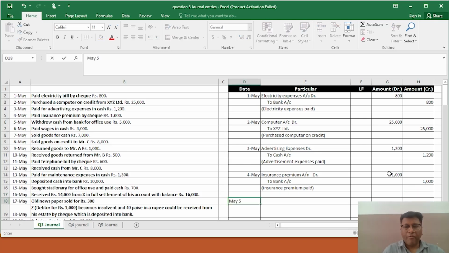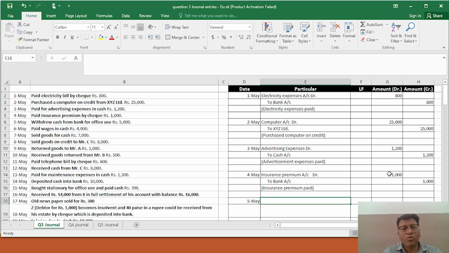5th May. On 5th May, there is a transaction: withdrew cash from bank for office use. Yes, you have to focus on whether the amount withdrawn from the bank is used for personal use or office use. In this particular transaction, it is mentioned that you are withdrawing the money from the bank for office use. So here there is no case of drawings, right?